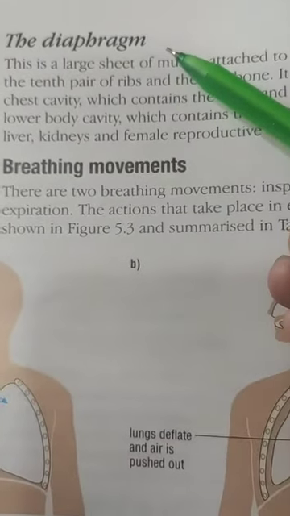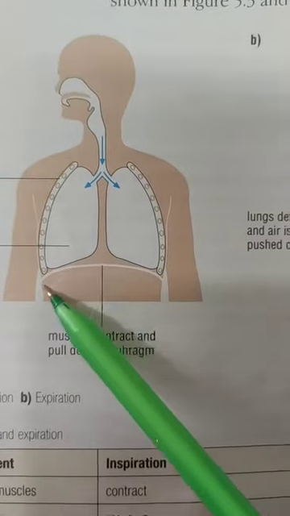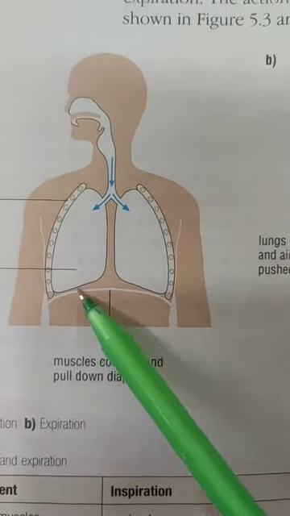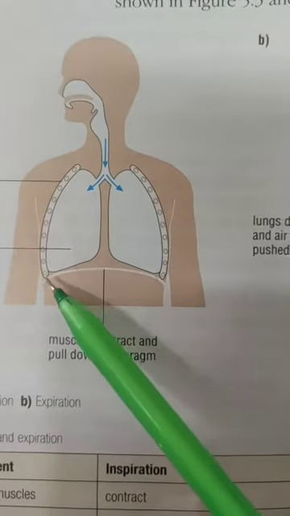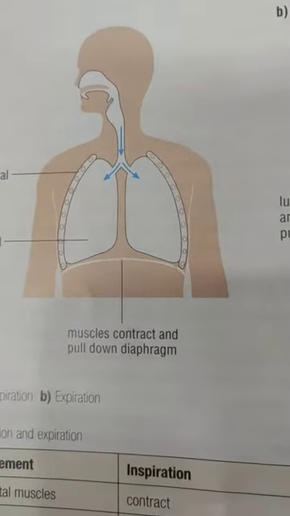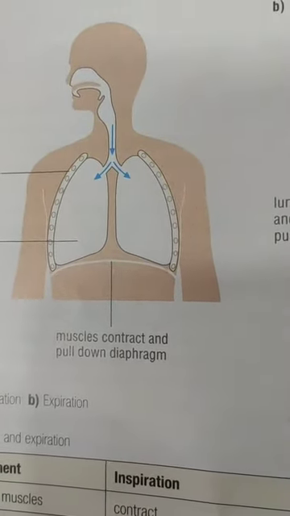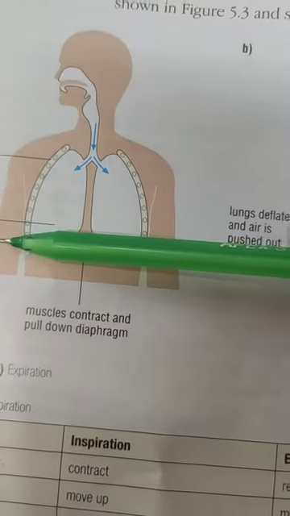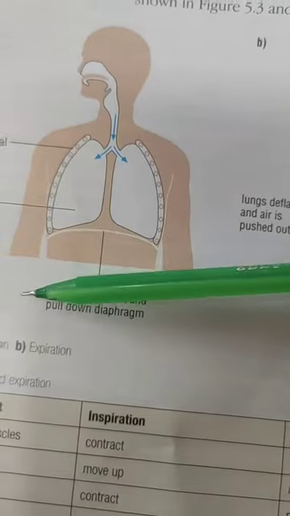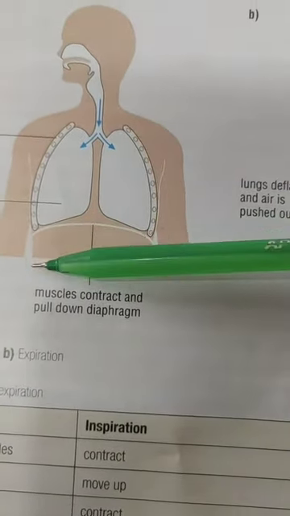Now come to the next thing, the diaphragm. What is the diaphragm? This is present at the lower part of the chest and the lungs, we can say, right? And the main function of this diaphragm is that it divides our lower and upper body parts, or we can say two systems also, because starting from here our digestive system starts, where the stomach, the intestines, the kidney and liver are present.